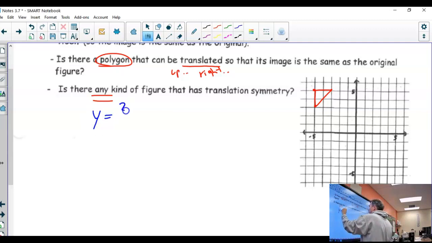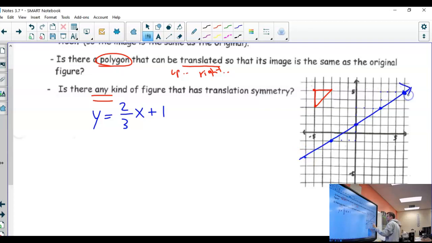Let's graph the line y equals 2/3 x plus 1. So that, of course, has a y-intercept of 1. It's got a slope of up 2, right 3, up 2, right 3. Or I could go the other way if I wanted to draw a nice straight line. And my line would look like that.